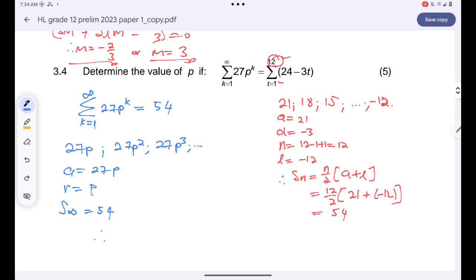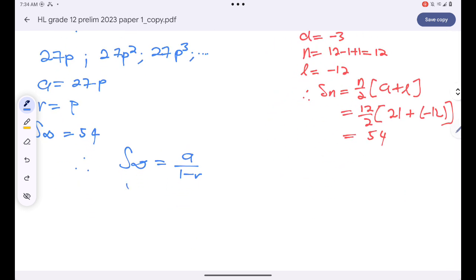So I can therefore use sum to infinity to find the value of p. Sum to infinity is equal to A over 1 minus R. That's 54 being equal to 27p all over 1 minus R. If I cross multiply, I'll end up having 54 multiplied by 1 minus R is equal to 27p. I don't know why I didn't substitute the value of R, because I already know it. The value of R, guys, is p.